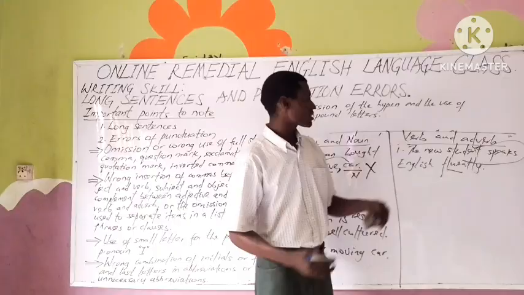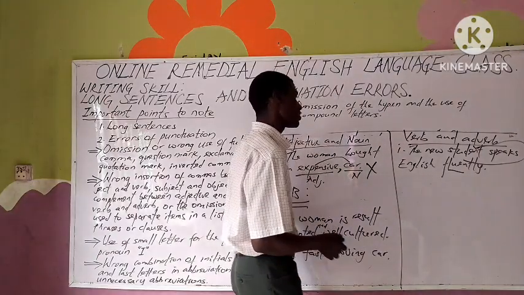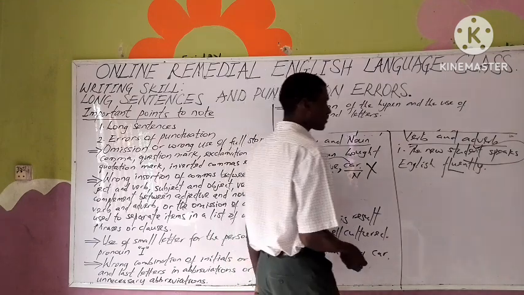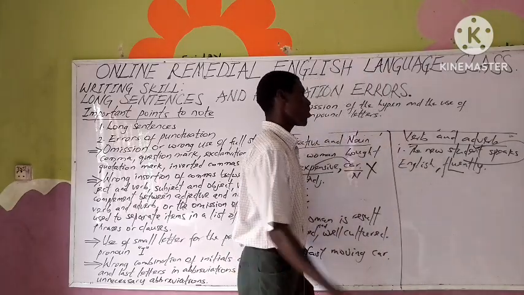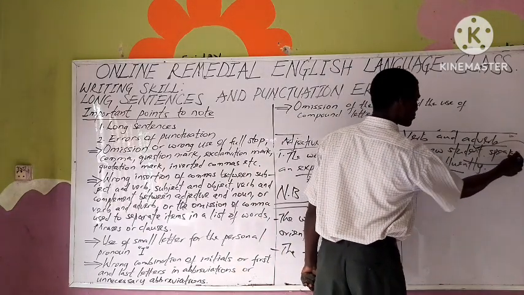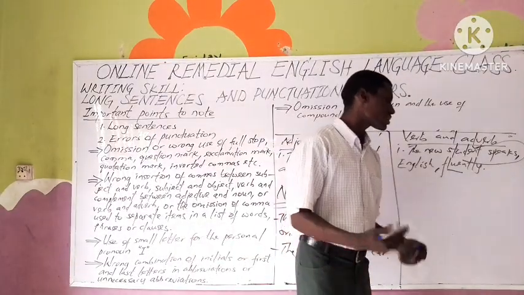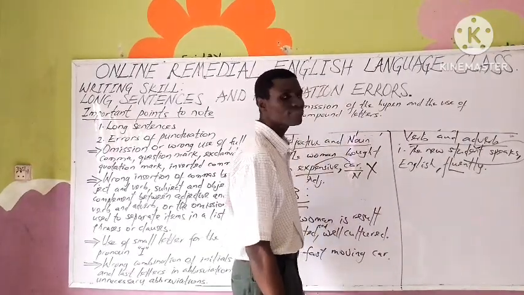So it will be wrong for us to put a comma from here down to this place or somewhere here. Either here or here, it is wrong. We do not need any comma here.